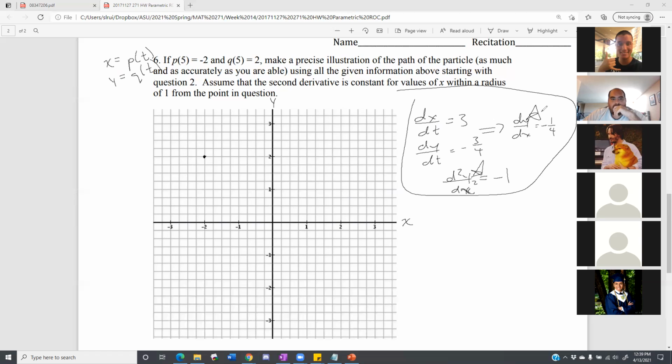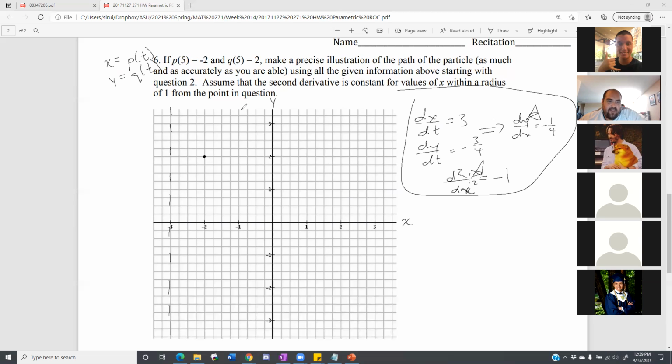I'm a bit confused by the final sentence in the question. Assume that the second derivative is constant for values of x within a radius of 1 from the point in question. Radius of 1, basically, the graph that you end up drawing is only going to be effective in this little narrow strip here.